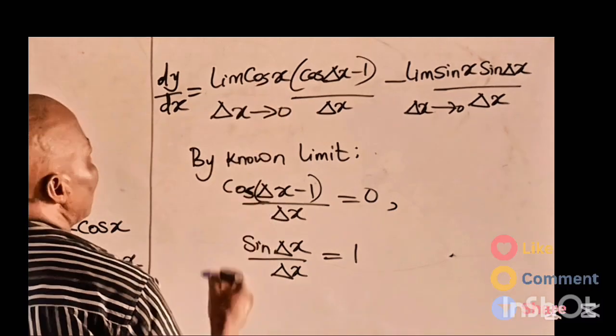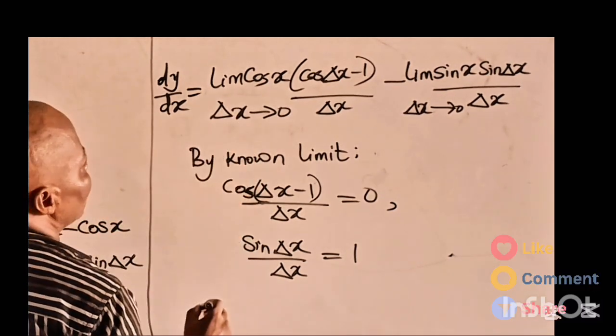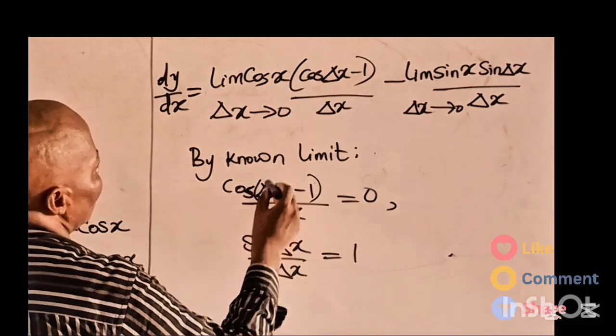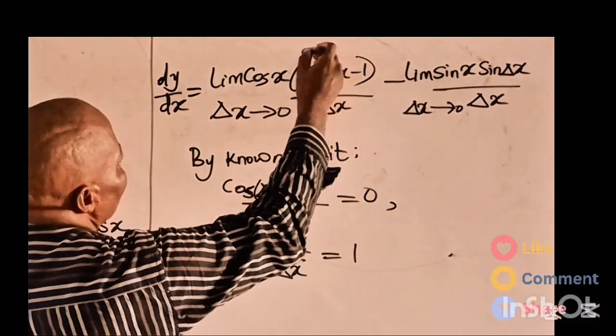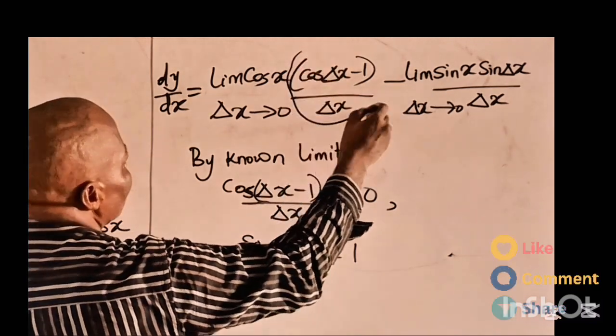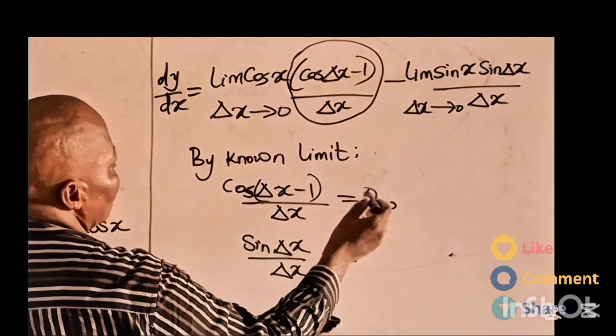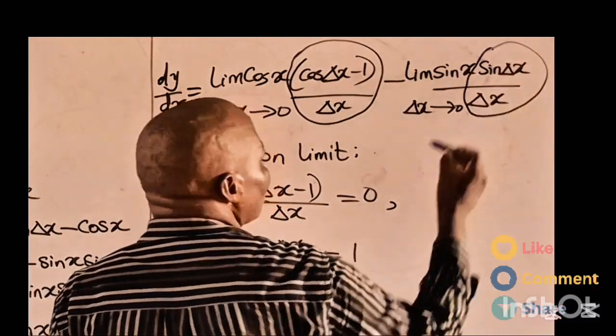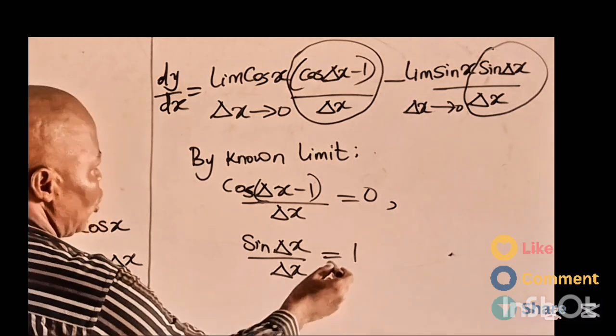So therefore we go back to this. We substitute: the whole of this is equal to 0, and this is also equal to 1.